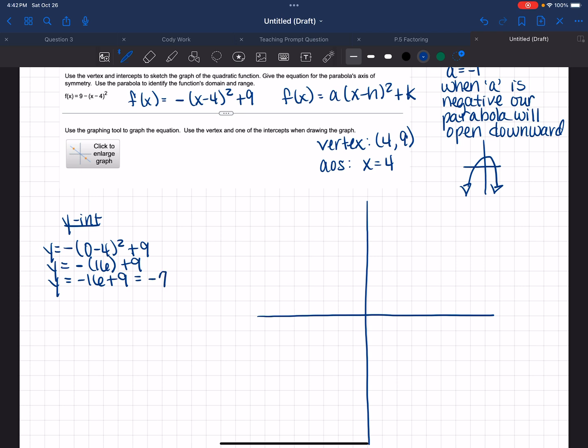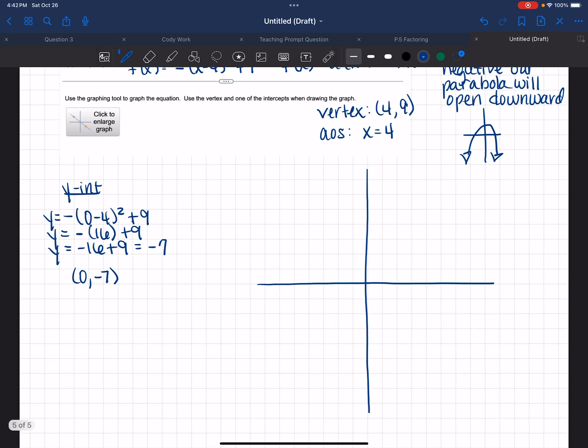Okay? So I have a y-intercept at (0, negative 7). 1, 2, 3, 4, 5, 6, 7. Here's a y-intercept at (0, negative 7).